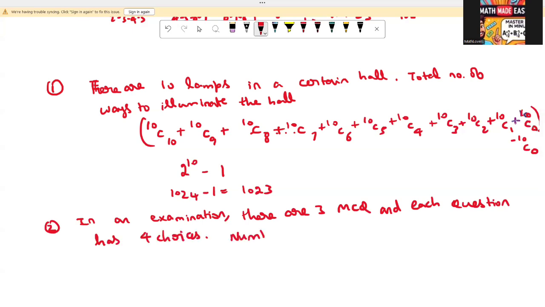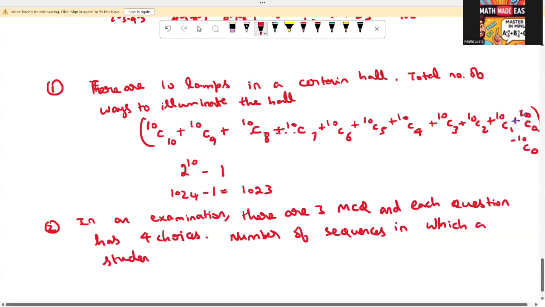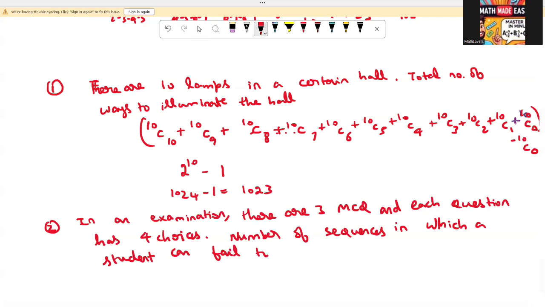The number of sequences in which a student can fail to get all the answers correct is.